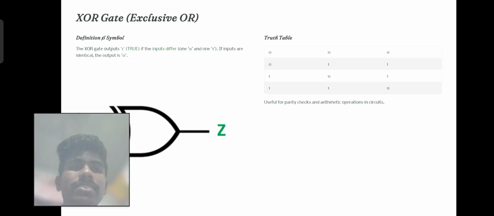XOR gates. An XOR gate is a two input, one output logic circuit whose output assumes a logic 1 state when one and only one of its inputs assumes a logic 1 state.